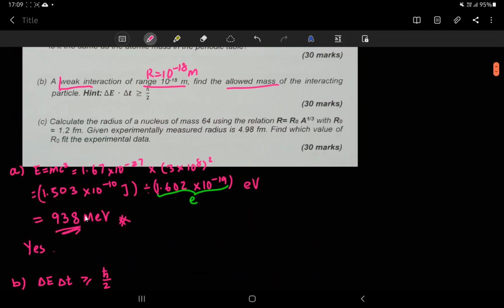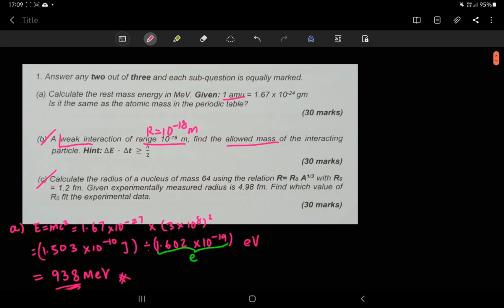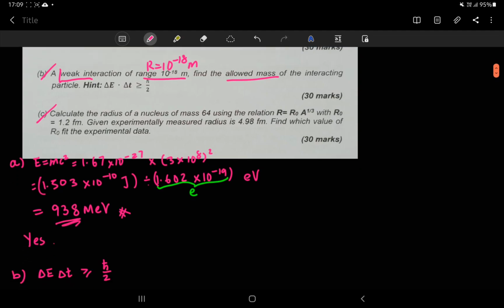So the last question is to calculate, since we already did a and b. So then c, calculate the radius of the nucleus of mass number 64 using the relation. So this is the formula given, with r naught is 1.2 femtometer, given the experimentally measured radius is 4.98 femtometer.